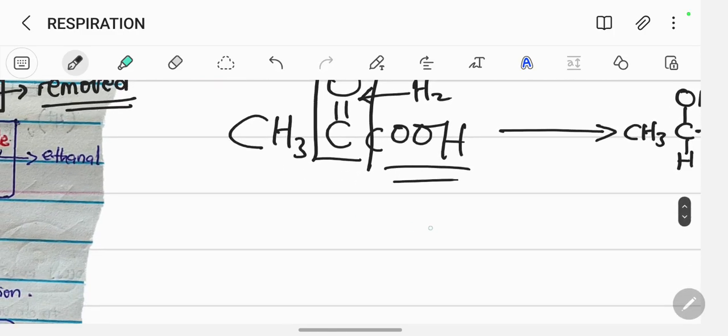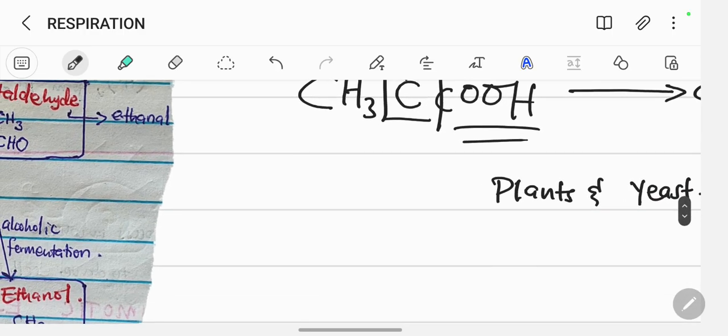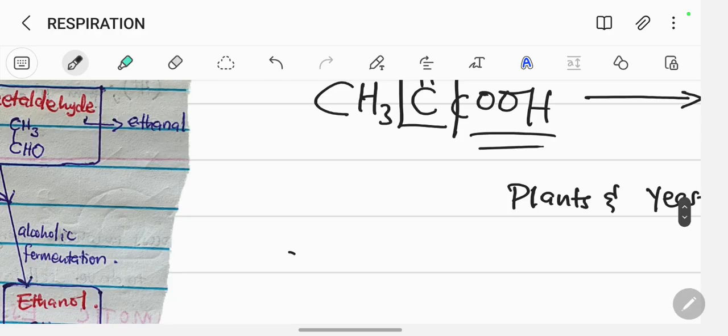So what about plants and yeast? What happens in plants and yeast is that our pyruvic acid is going to be decarboxylated in this way.